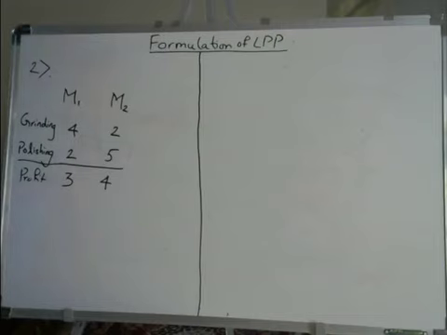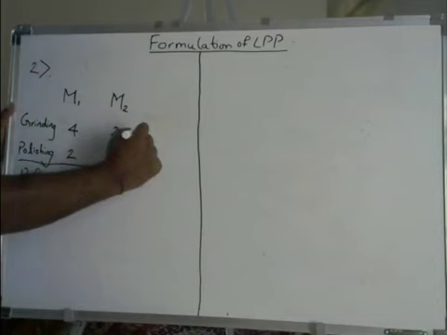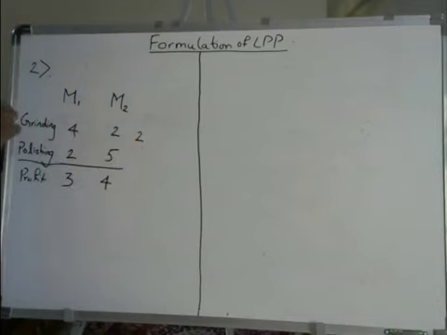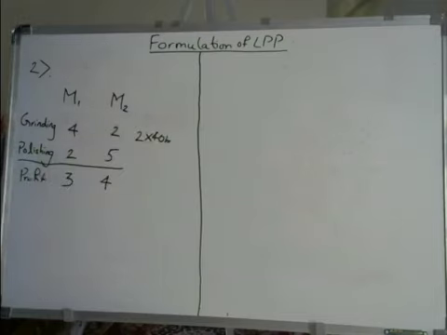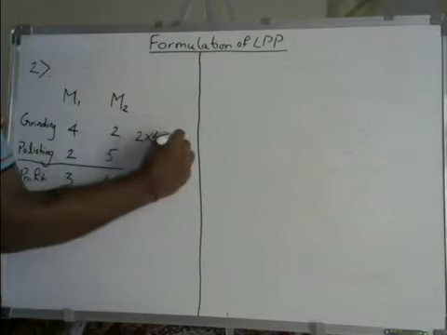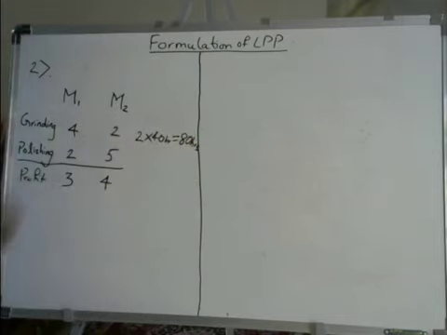Now, what we are expected to do here is to understand the constraints of grinding and polishing. Now, how many grinders are there? There are 2 grinders and each is available for 40 hours. So 2 into 40, the total grinding hours are 80 hours.